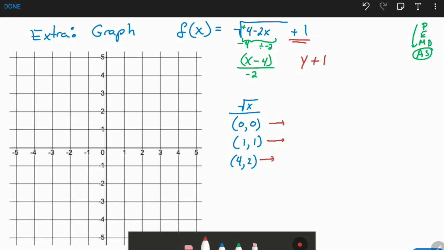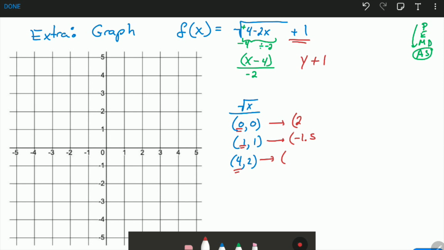So we're going to take our x values, subtract 4, and then divide by negative 2. So 0 minus 4 is negative 4. Divide by negative 2 is positive 2. 1 minus 4 is negative 3, and negative 3 divided by 2 is negative 3 halves, or negative 1.5 I find nicer when we're trying to graph.